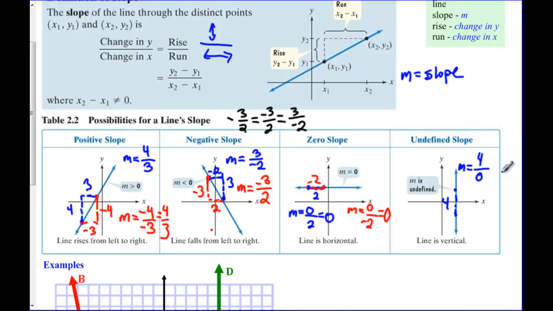So if you have a 0 on the bottom, it's just going to be undefined. And same's true if you start at the top and go down, right? So then we just have that our slope is a -4 over 0, which again is still going to be undefined. That okay? All right.